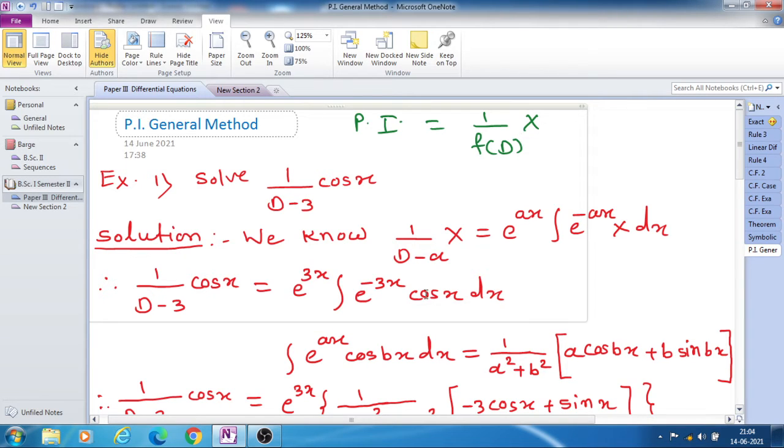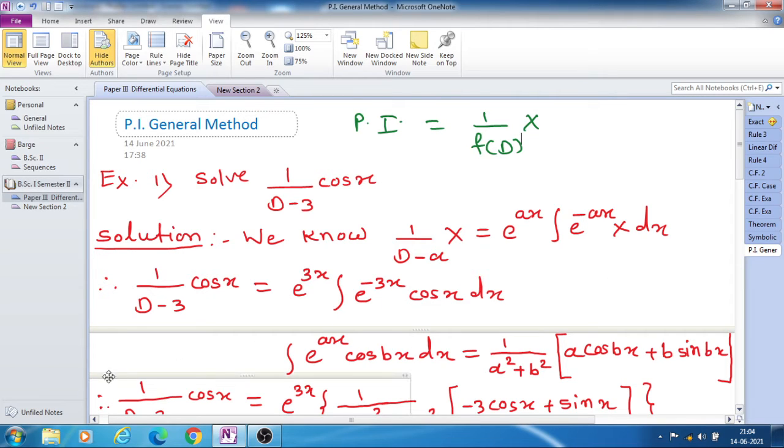And another formula: 1 upon D plus a operates on capital X is equal to e raised to minus ax into integral e raised to plus ax into capital X dx. So this is the general method to find the particular integral, or the method for when capital X is general. So we see some examples.